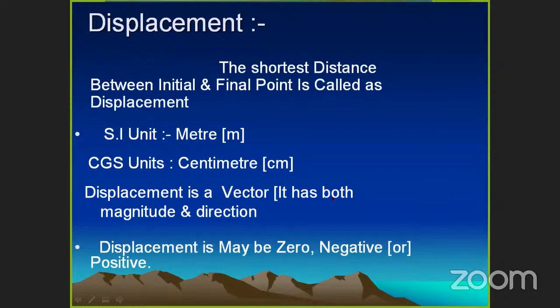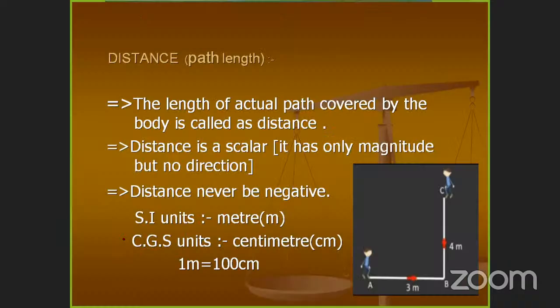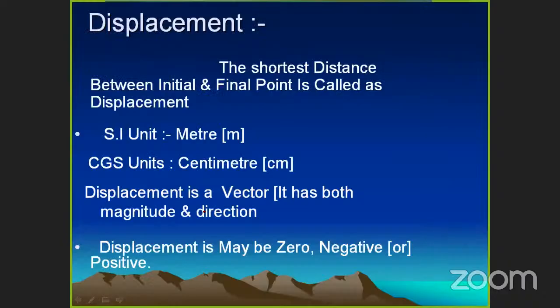It has both magnitude and direction. Distance can never be negative, that means it is always positive, and displacement may be 0, negative or positive.